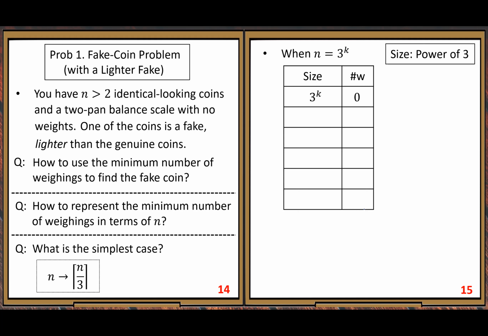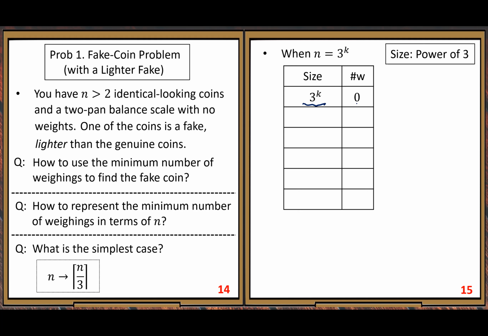Yeah, so here, at the beginning, before we do the first weighing, the size is 3 to the k.